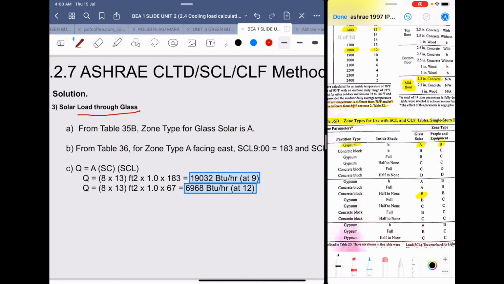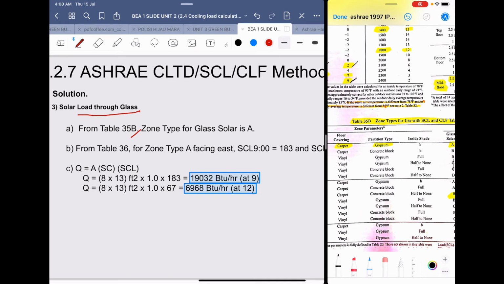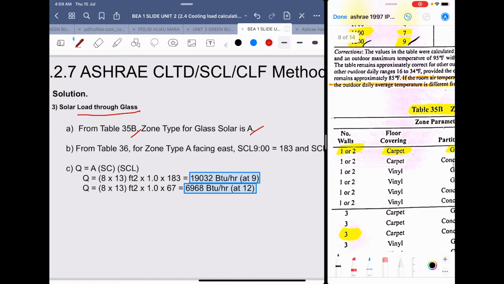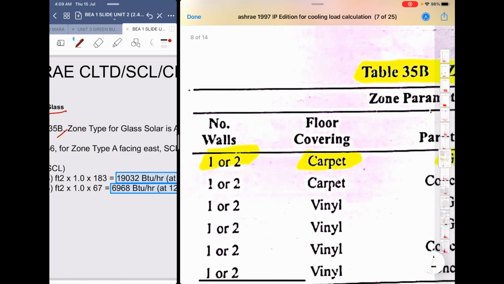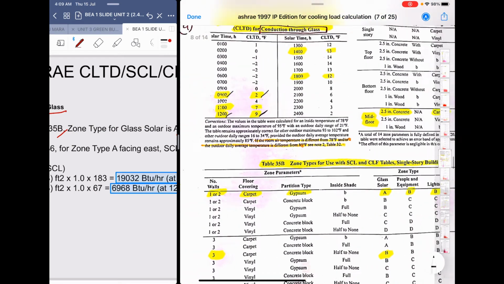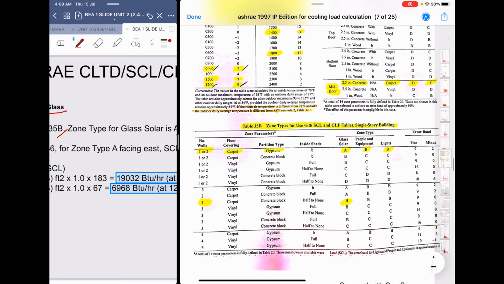From table 35B, for the type of glass, we have to know the type of glass first. So how do we know that? They mention that the type for solar glass is A. Remember that just now our situation is like this.